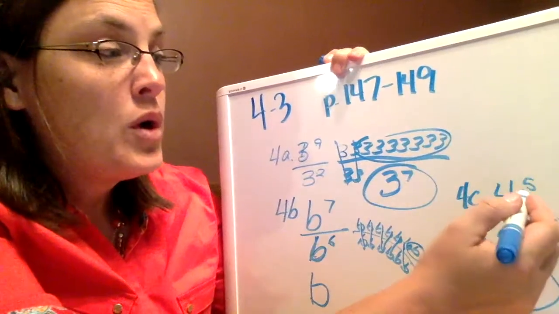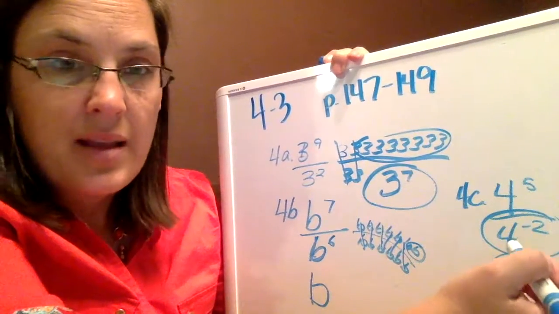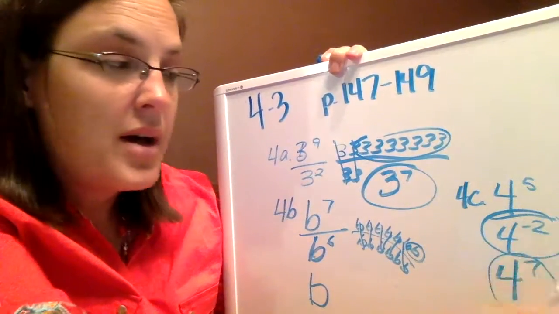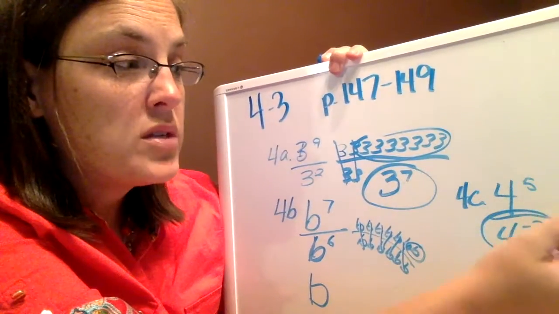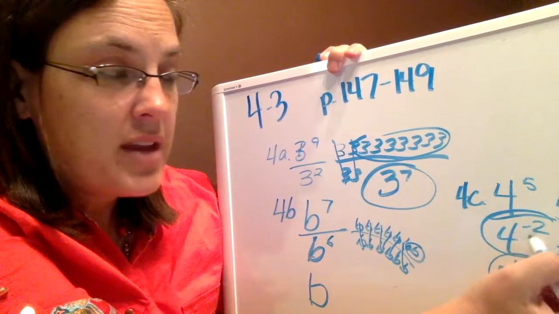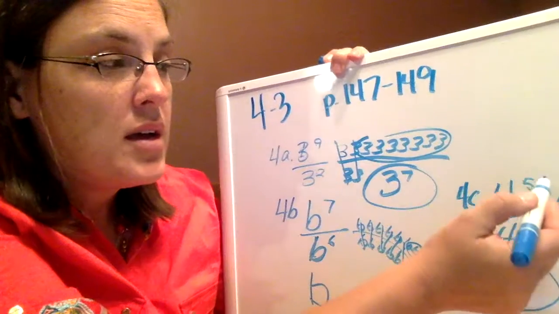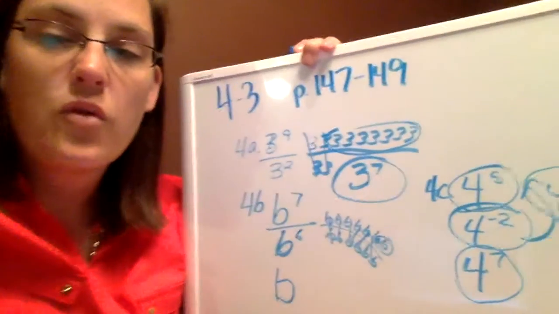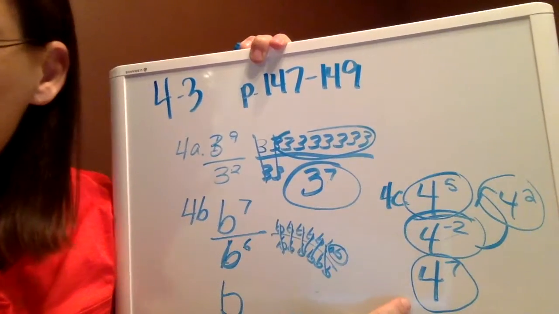In 4.2, we were often moving negative exponents to the denominator and making them positive, but negative exponents move and become positive. If they're already in the denominator, you want to move them to the numerator. And if those 4s, 4 to the negative 2, move to the numerator and I get 4 to the positive 2, I get the same answer, 4 to the 2, 4 squared, and 4 to the 5th is the same answer, 4 to the 7th.